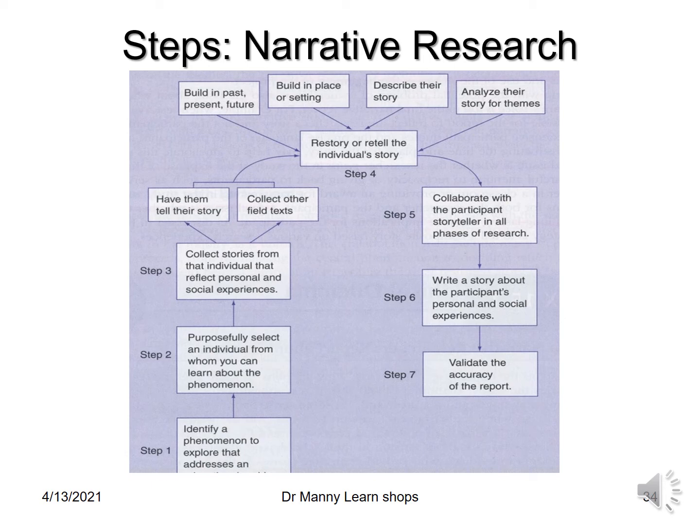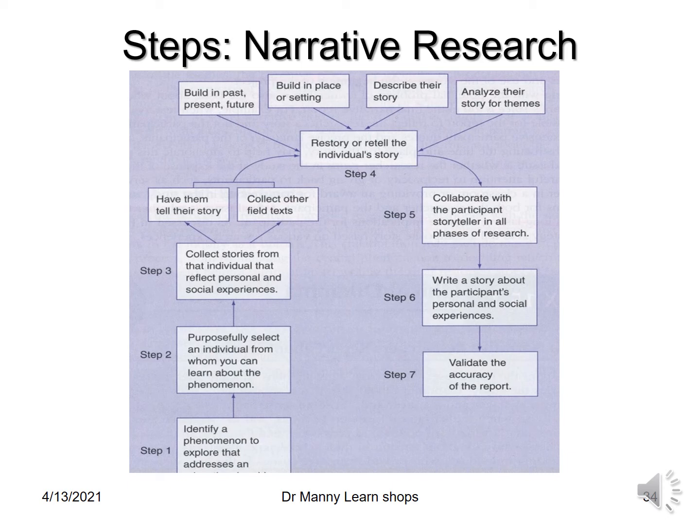You purposively select an individual that you want to learn about the phenomenon from. You collect the stories from that individual and you reflect about the whole process, and in doing so you have them tell your story, and you can collect other field texts as well that could validate that story.